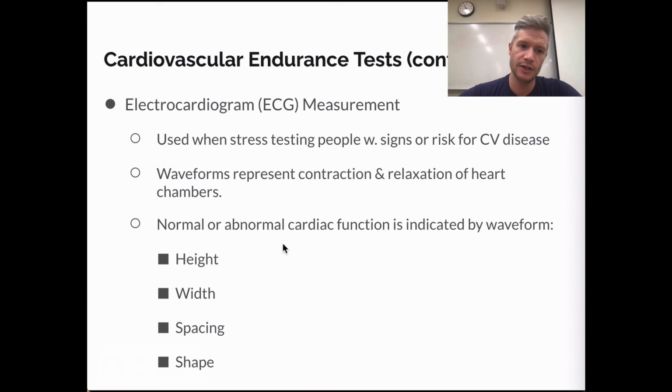Now, you don't need to know a lot of the abnormal cardiac functions, just that when these shapes and sizes and widths and heights change, it means different things happen to the heart. Okay.